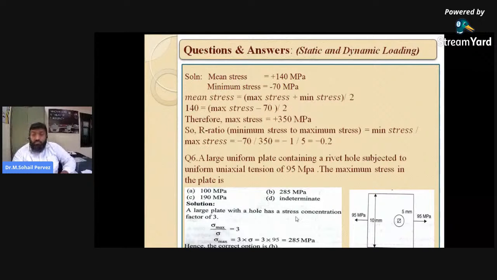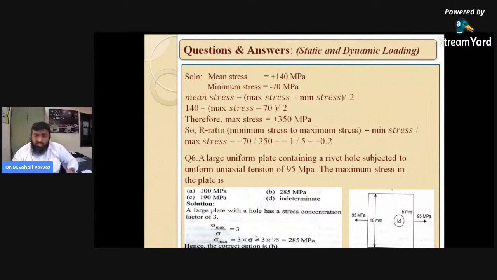Now we have this plate with a hole in it, under axial uniaxial tension of 95 megapascal along the line of this particular hole. There is a concept that if a large plate has a hole, then the stress concentration factor is assumed as 3 to 4.